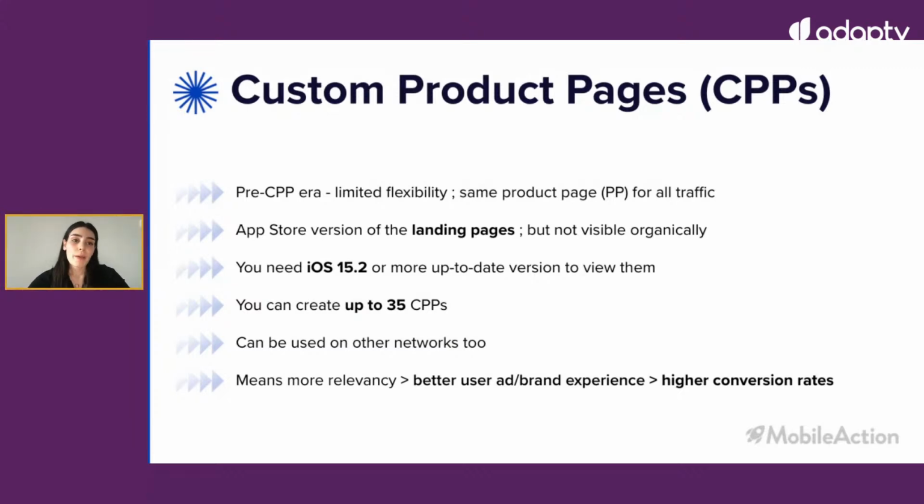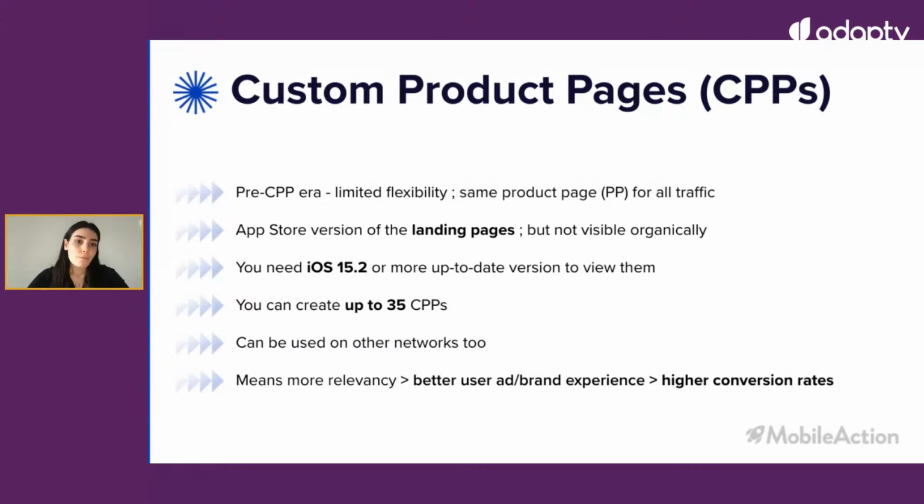At this point, custom product pages can be thought of as the App Store version of landing pages, but they are not visible in organic. So the end user needs to have iOS 15.2 or a more up-to-date version on their phone to view custom product pages. Also, you can create up to 35 different custom product pages, and you can use them in different networks too.